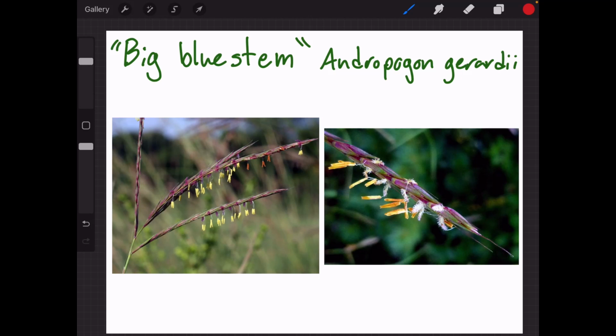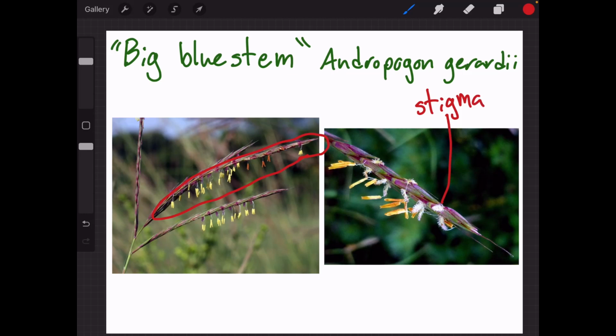And what's really cool here are these structures which are hanging down from these spikelets. What you're seeing there are the anthers hanging down on long filaments. And if you look at the picture on the right, you'll see these fuzzy structures, very fuzzy and feathery, and those are actually the stigma.